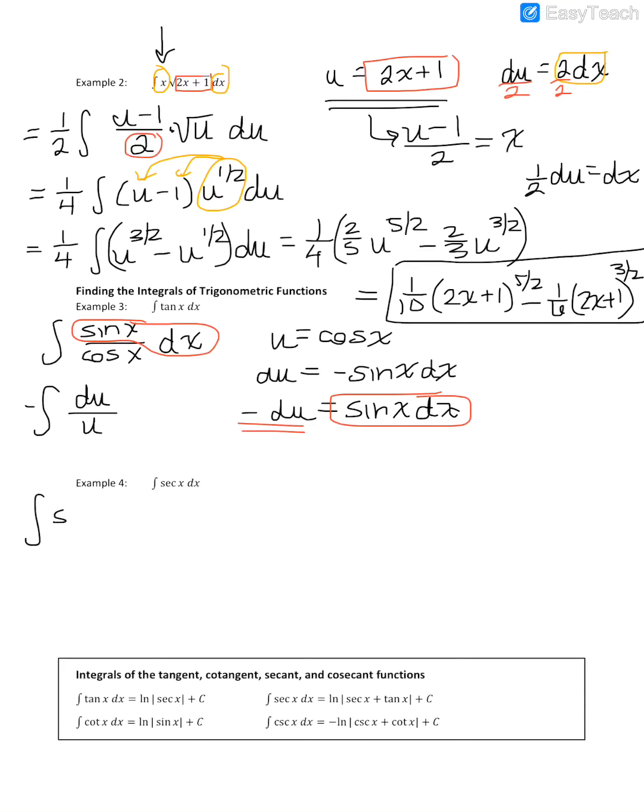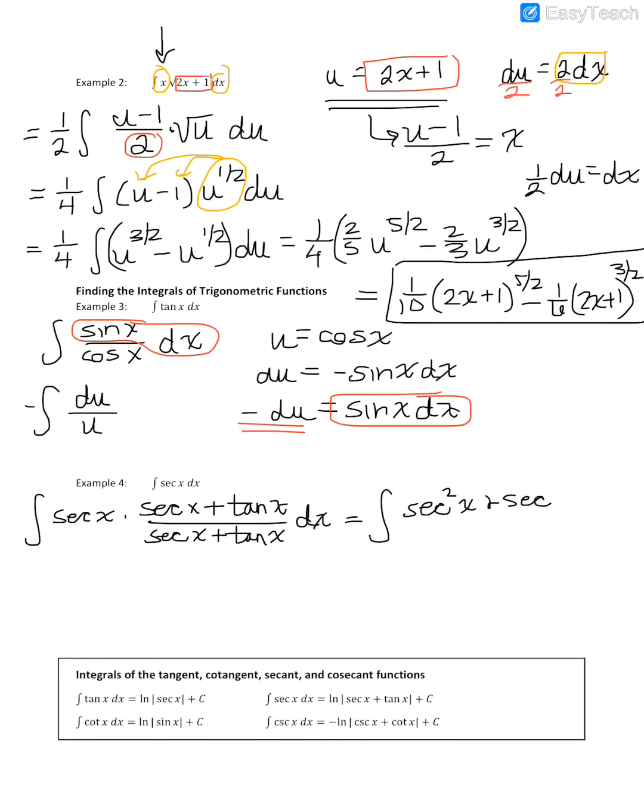I'm going to rewrite this as secant x times secant x plus tan x over secant x plus tan x. Okay, so that fraction's equal to 1. So technically not breaking any rules, right? Let's go ahead and distribute the secant. So I get secant squared plus secant tan over secant plus tan.